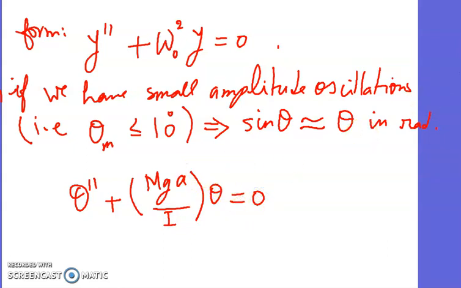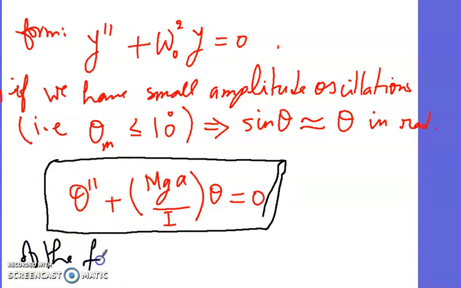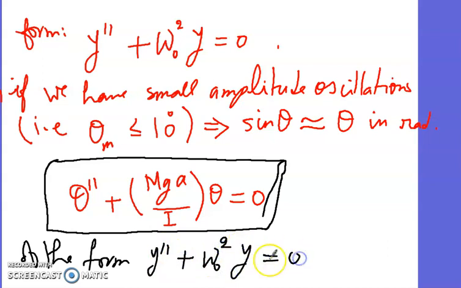Now we have an equation of the form y double prime plus omega 0 squared y equal to 0.